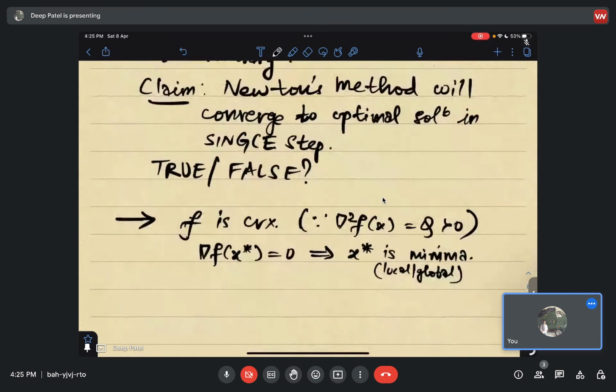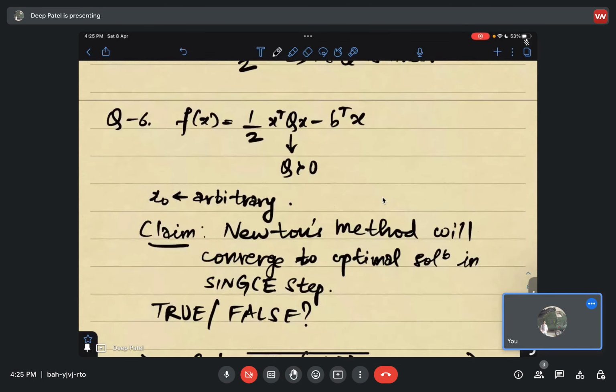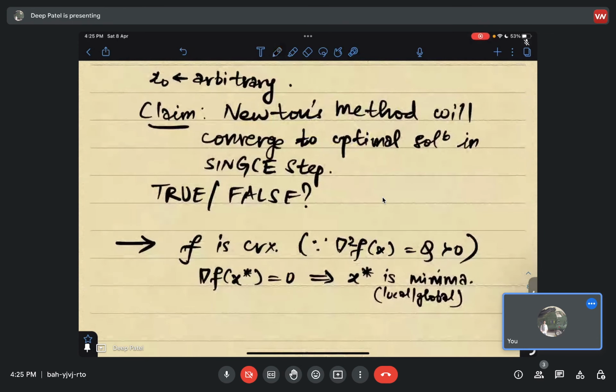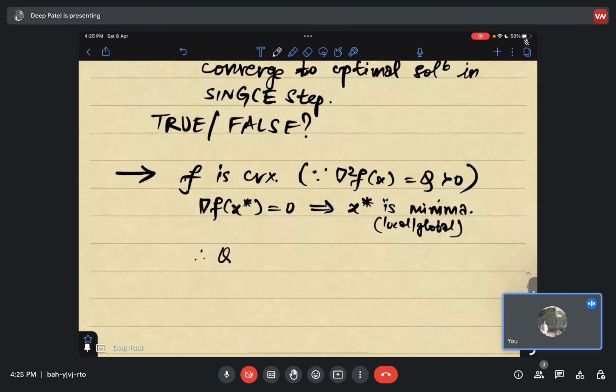Okay, so what is the gradient here? Qx minus b. Therefore Qx star is b, and Q is invertible, so x star is Q inverse b.